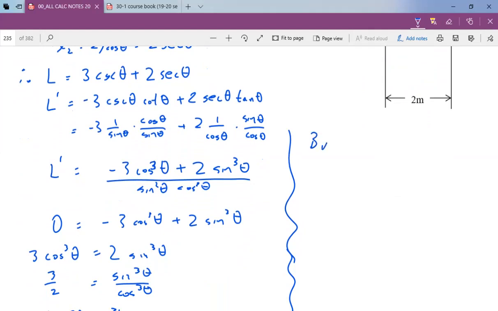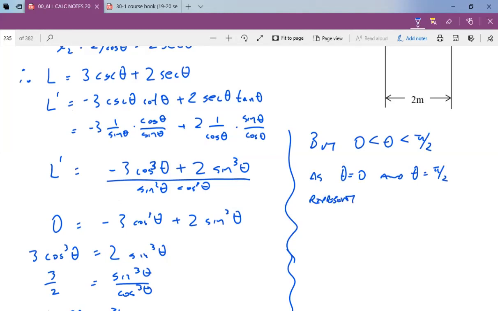If we've got 0 less than theta less than pi/2. Theta is 0, and theta is pi/2 represent.